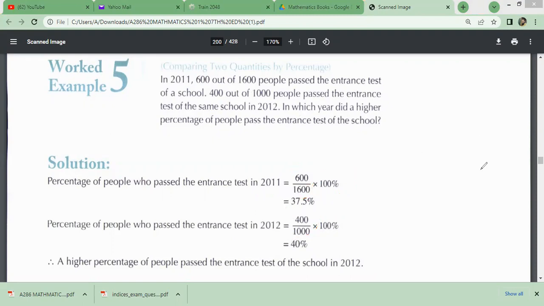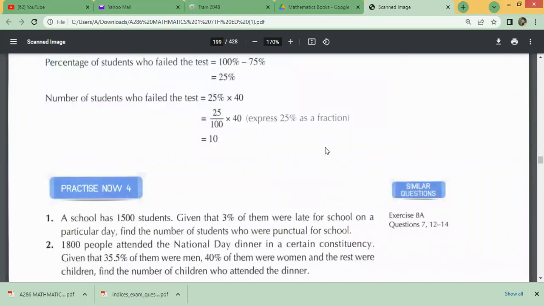In 2011, although the number of students who passed the test was greater than in 2012, the percentage is lower in 2011 and higher in 2012. So this is how you do the comparison with the help of percentage.